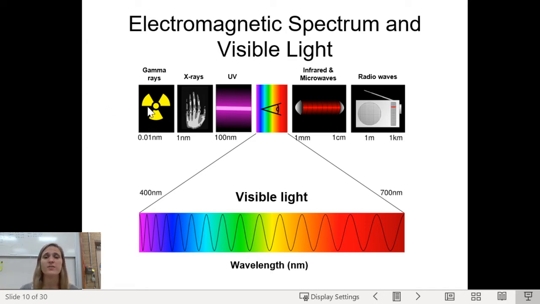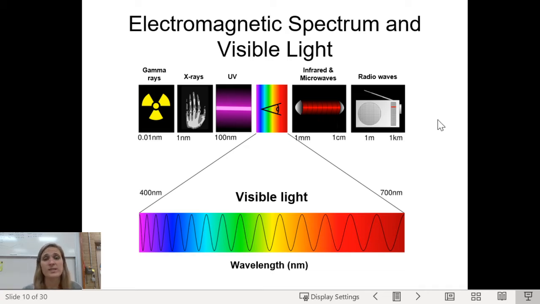Starting down here with gamma rays, very small wavelengths, very powerful radiation, all the way over to the right, where you have radio waves, which have very large wavelengths, that you can't see, right? So everything in gamma rays, if you've ever had an X-ray, you can't see those. UV, we don't see. Infrared and microwaves, when you turn on your microwave, you can't see those microwaves.